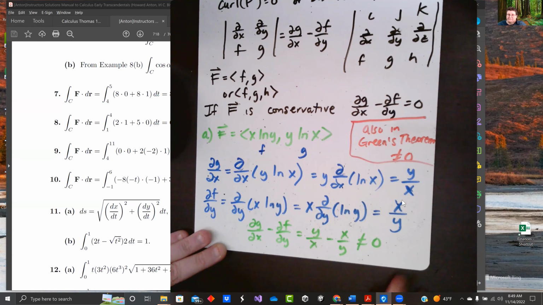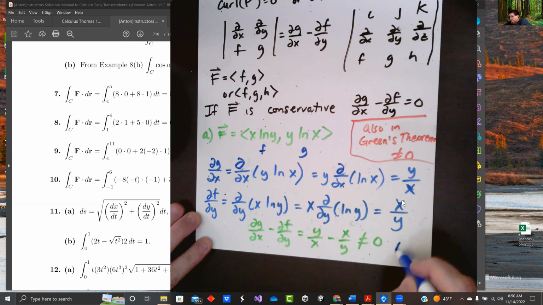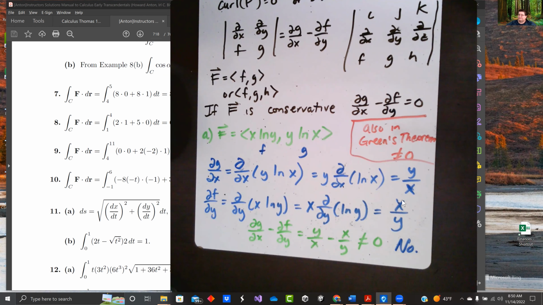But that wouldn't be a conservative vector field. That's just a coincidence at a single point. In general, it does not equal 0, so f is not conservative for a. So no, f is not conservative. And I will write down the other problem on another tab real quick.